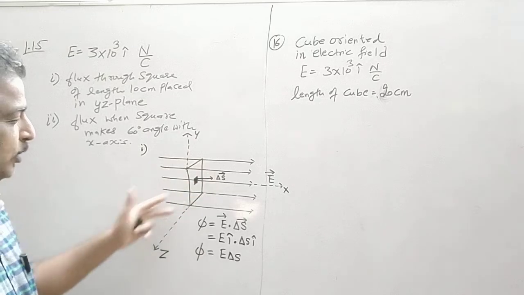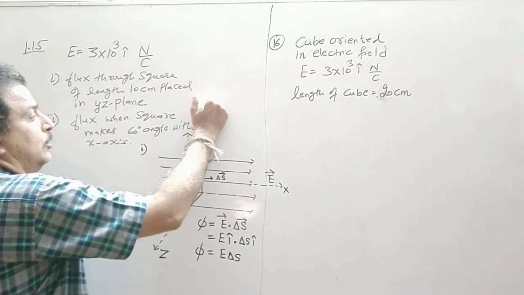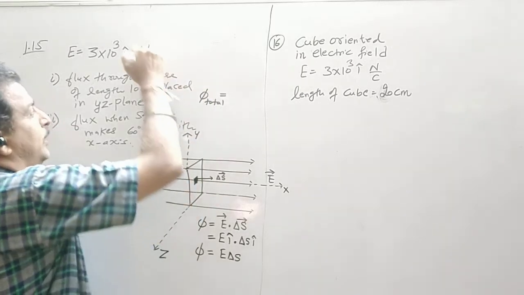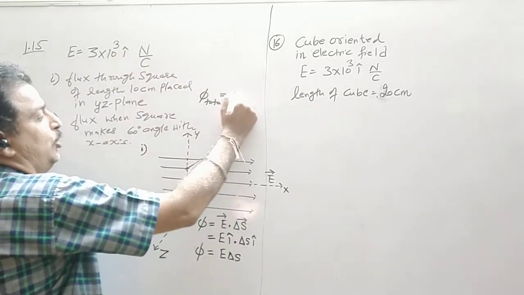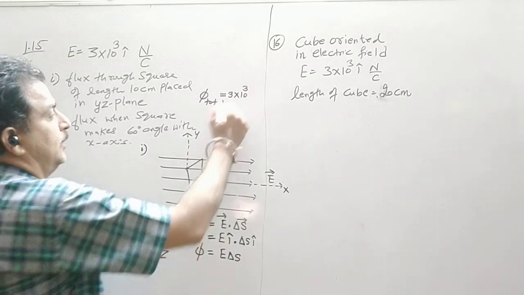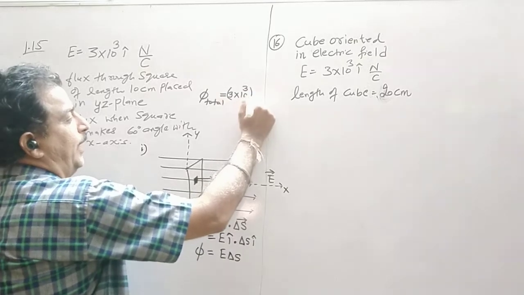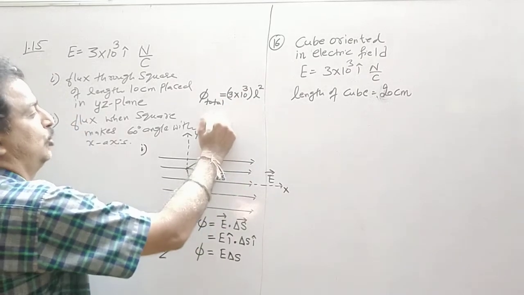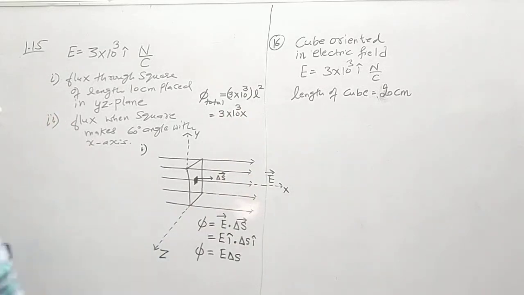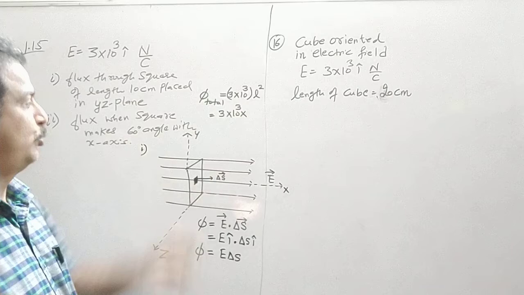Now I have to find out the total flux. I have to do its summation. So total flux is equal to the electric field, 3 into 10 raised to 3, and delta S, the entire area, which will be L square. So this will be equal to 3 into 10 raised to 3 into the length of the square, 10 centimeter, and area is L square.